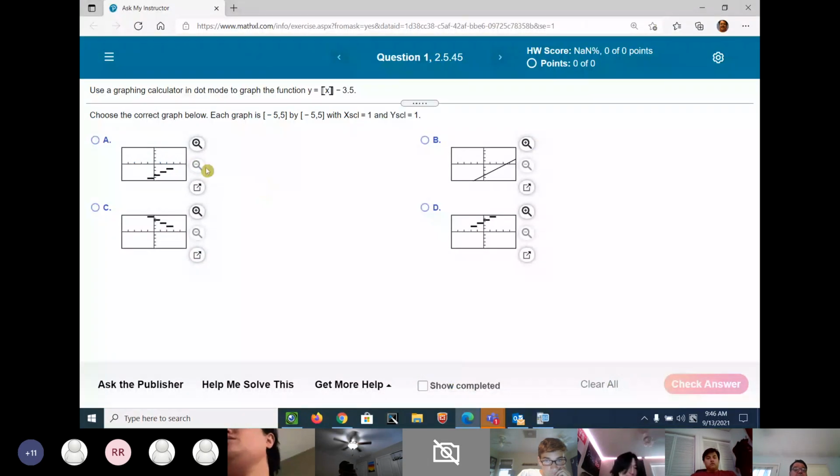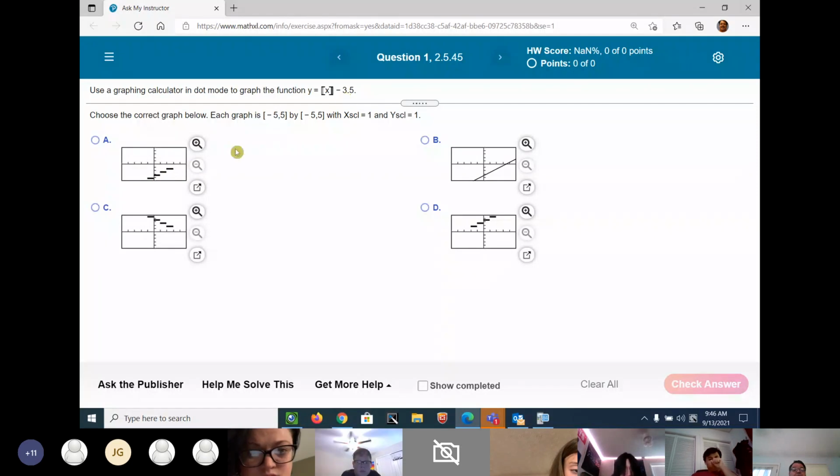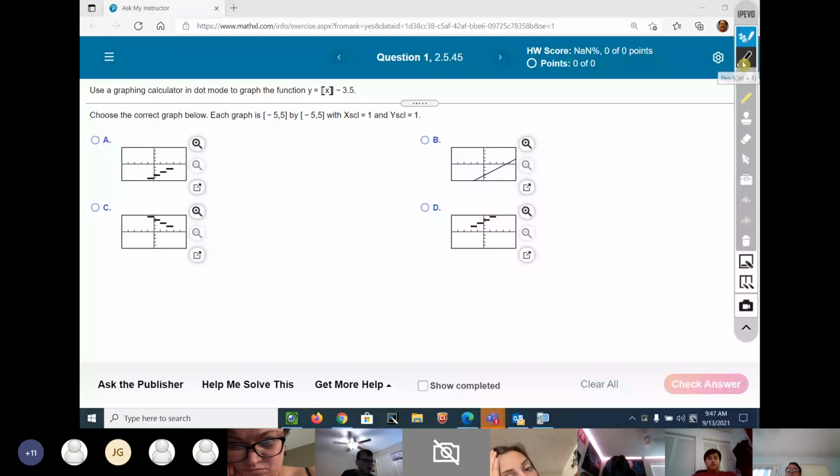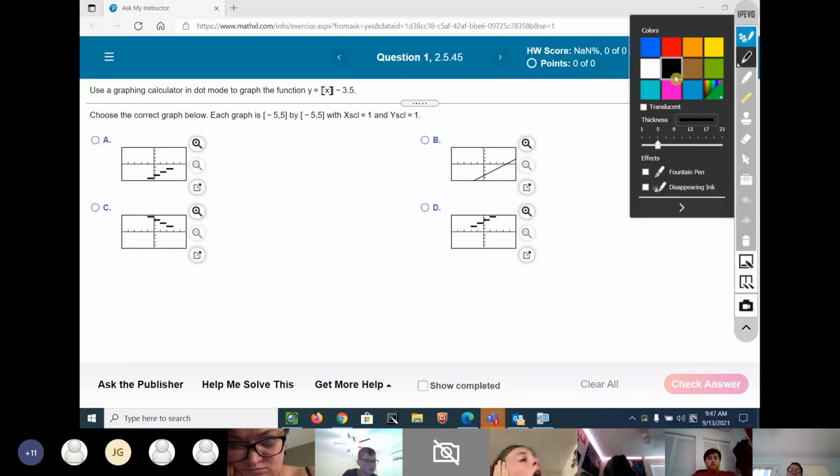And of course, it looks like this right here, because it has a vertical shift of negative 3.5, so that's the only one. That's a positive shift. That ain't even a part of it because that's not a piecewise function. That's just a line. So it's not this one. So you can take your handy dandy whiteboard and automatically take out that function and this function, because that has a vertical shift of 3.5.